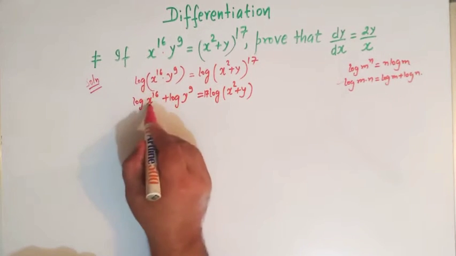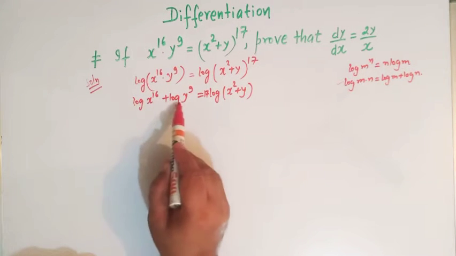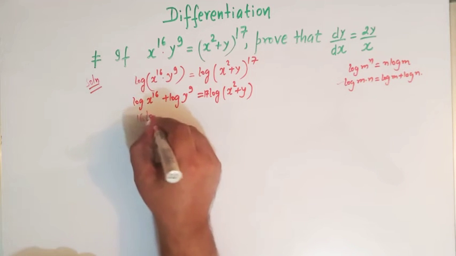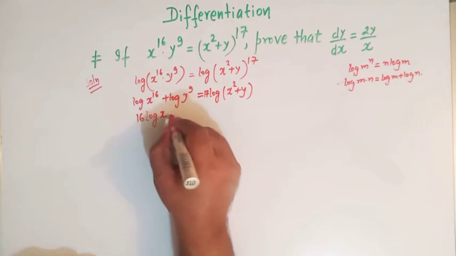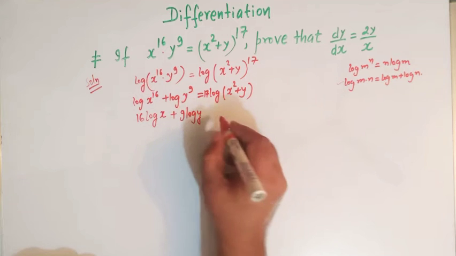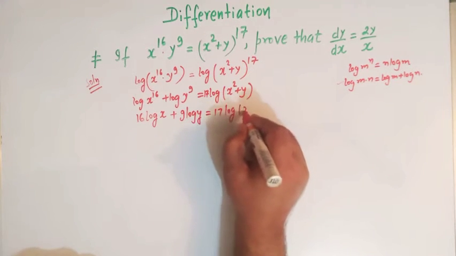Now applying this rule to this term and this term, we have 16 log x plus 9 log y is equal to 17 times log of (x square plus y).